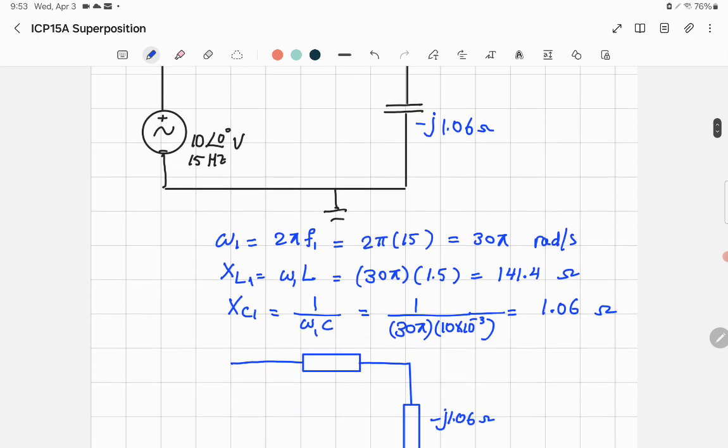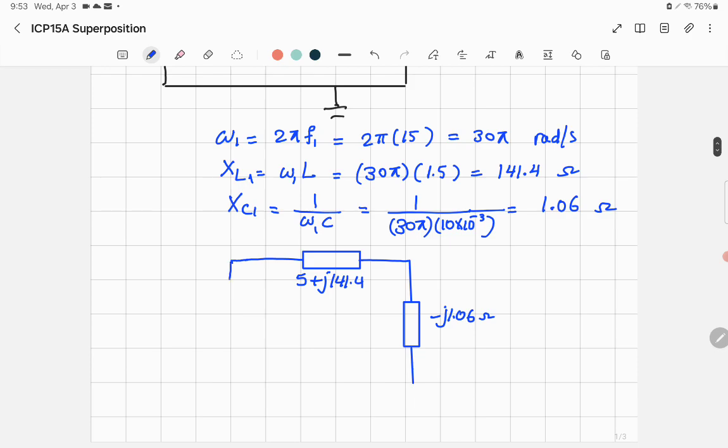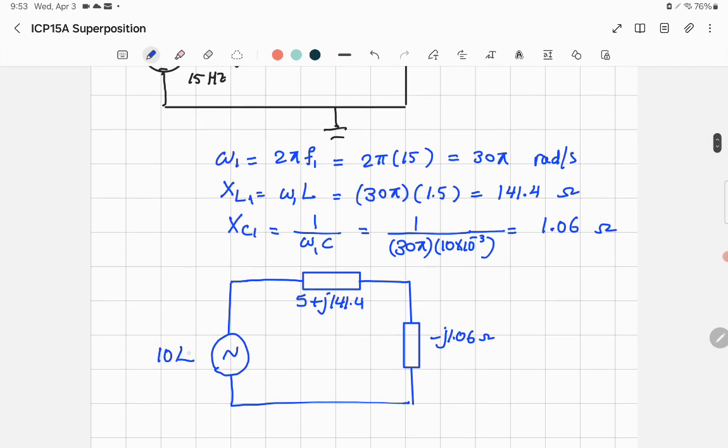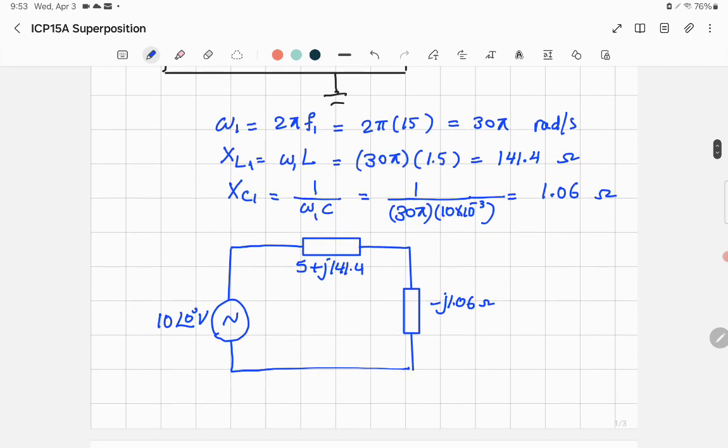So you have 5 ohm plus j141.4. That will be the other Z. And you have the source, which was given in root mean square value, equal to 10 at angle 0 volts, root mean square. Just to make it simple, let's call this one Z1 and this one Z2, and remember, you want to find V1.